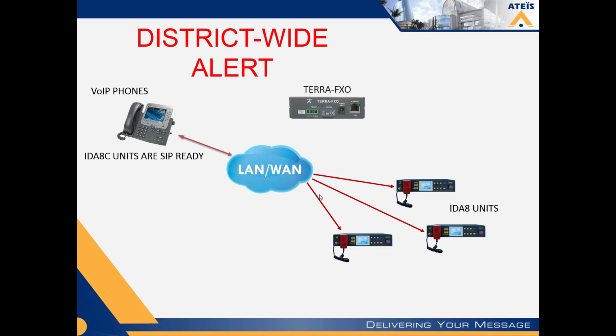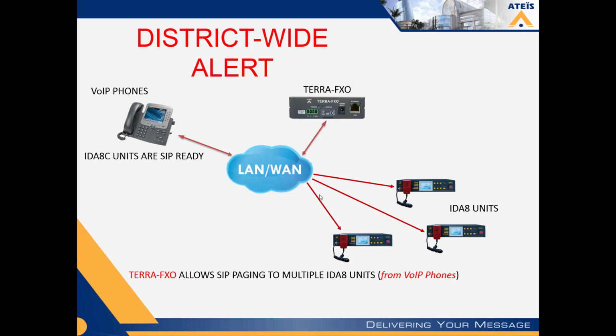Now, VoIP systems are like phone systems, so what if I want to call multiple schools at one time, or maybe all of the schools in a district, or maybe your county is split up into multiple districts and you want to page all the schools in District 1 and maybe all the schools in District 2. Well, for the VoIP system to do that, you'd have to be able to page multiple SIP extensions or VoIP extensions.